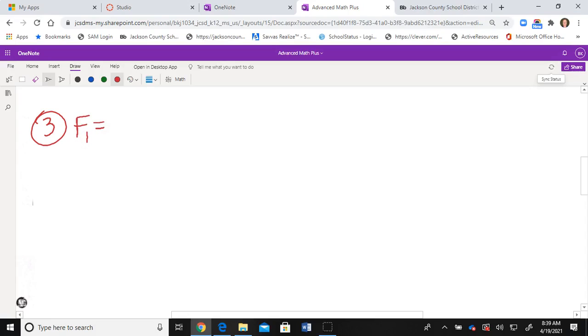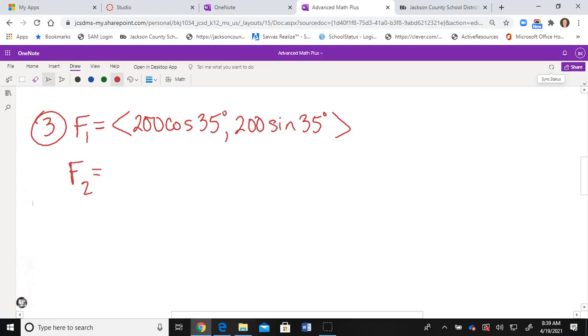Force 1. The 200 pounds with which angle? 35. So, 200 cosine of 35, 200 sine of 35. Force 2 was 60 pounds at what? 230 degrees.